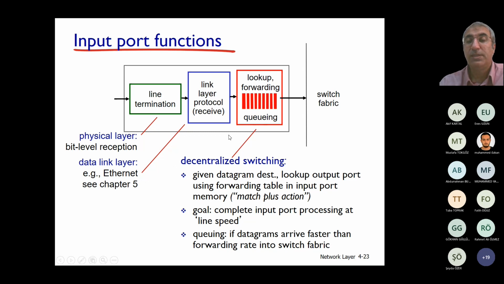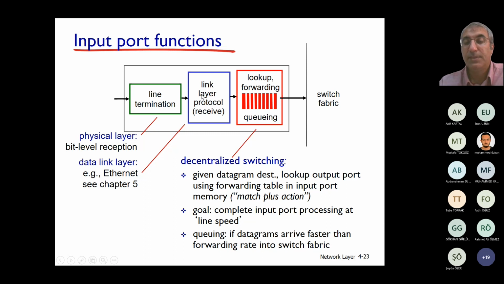So when you receive a datagram, we look up a table output port using the forwarding table in input port memory. The main goal in this block is to try to complete the input port processing at the line speed.